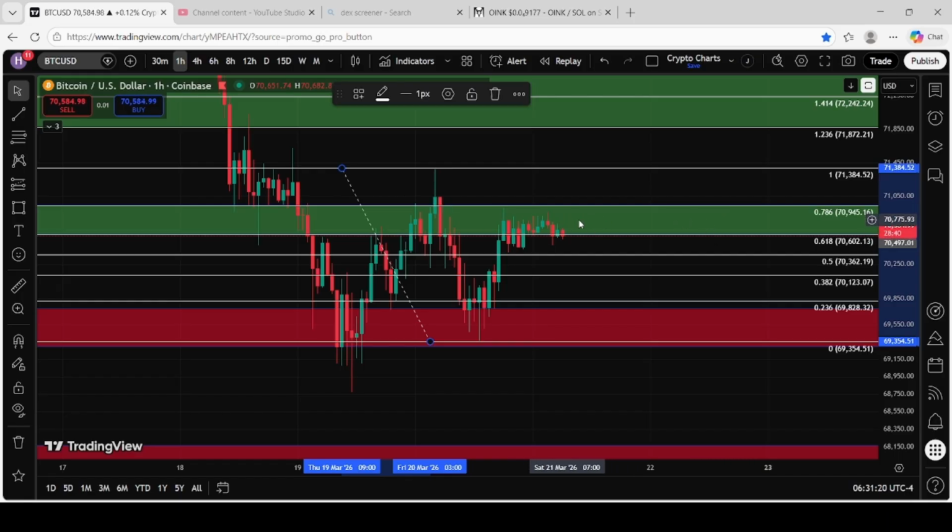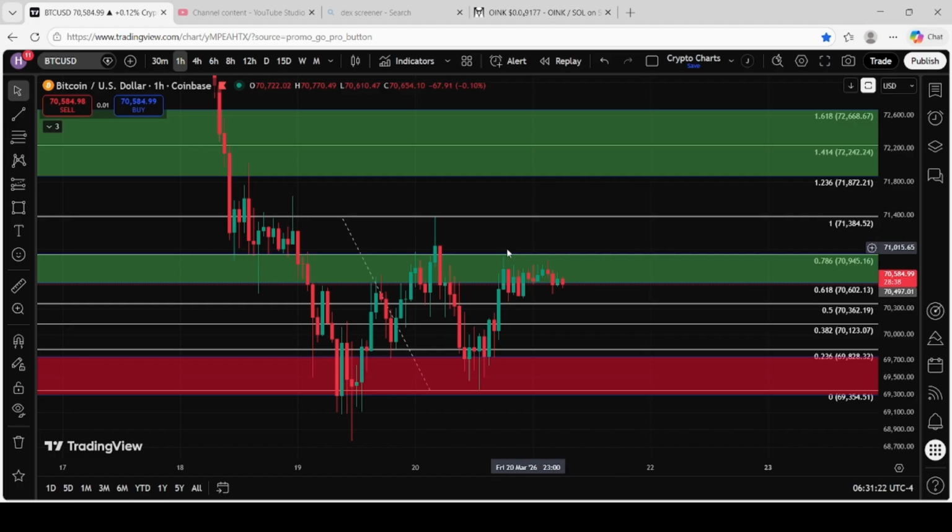So we're currently in that zone. If we break out of this zone from here, we'll come up between the 1.236 and the 1.618. So that'd be my target up to this zone for more consolidation or pullback and then higher. We'd have to take it level by level once we get there, if we get there.